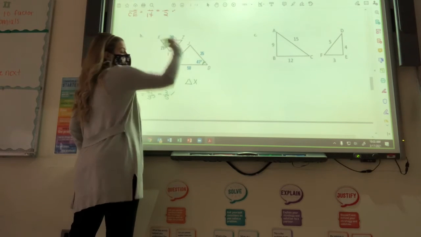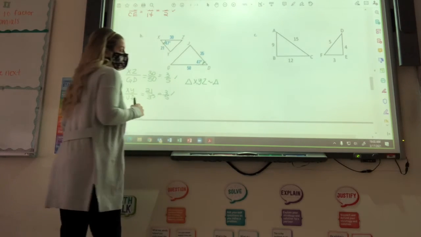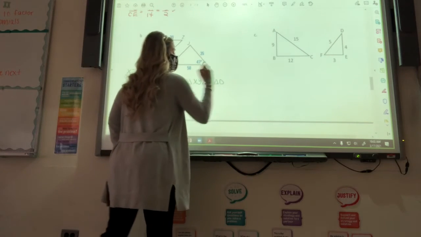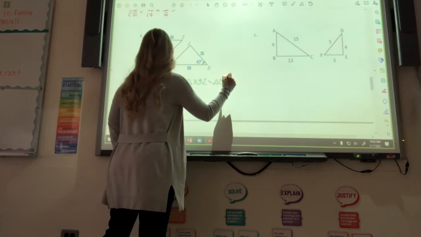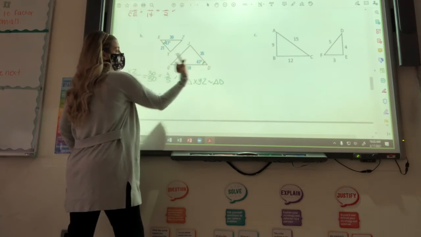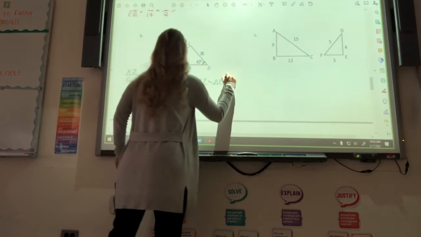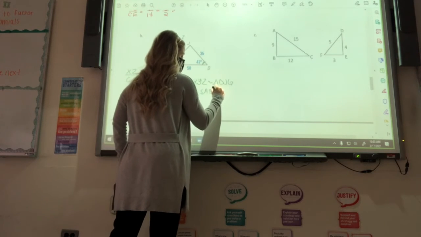X, Y, Z. Okay. And then X to Y is crossing the smaller side. So I need to go D to J. Cross the smaller side between the two. So DJ, G, by side, angle, side, similarity.